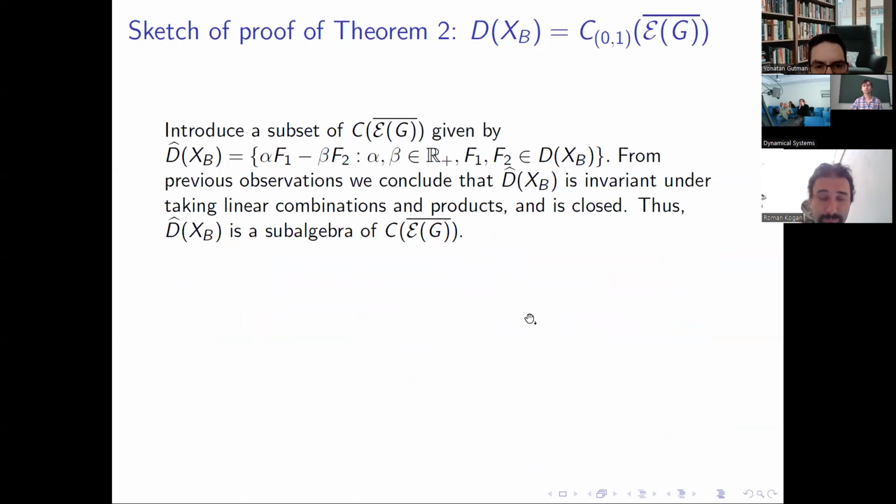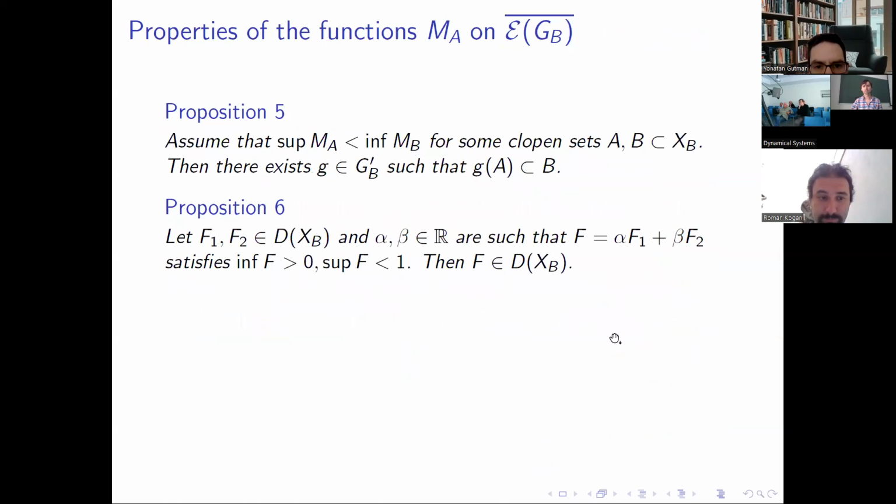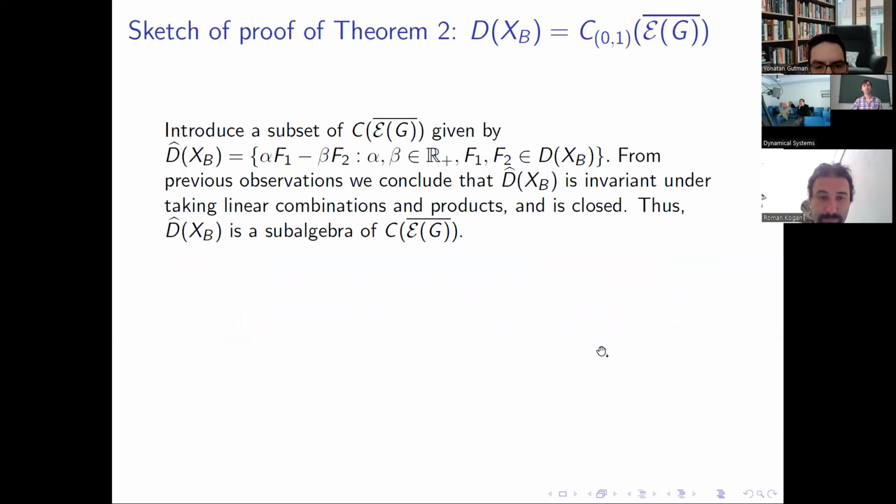Now, based on this proposition, I can give a sketch of the proof of this density statement, that the functions MA are dense in this space of continuous functions with values between 0 and 1.